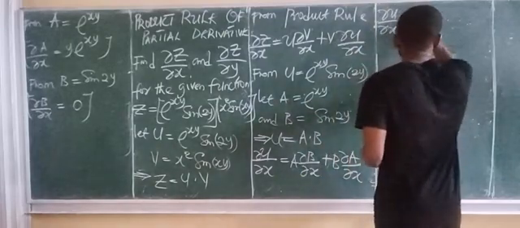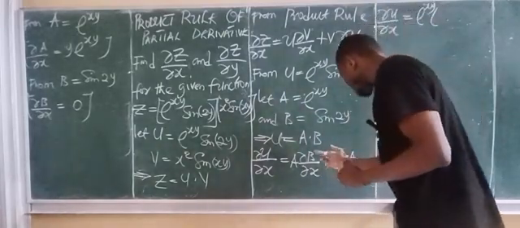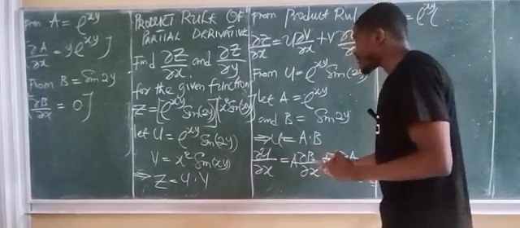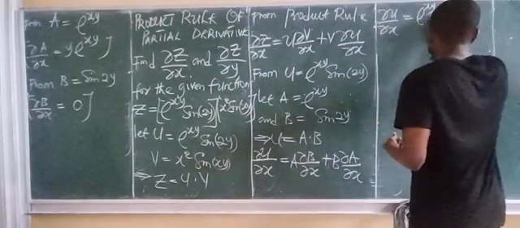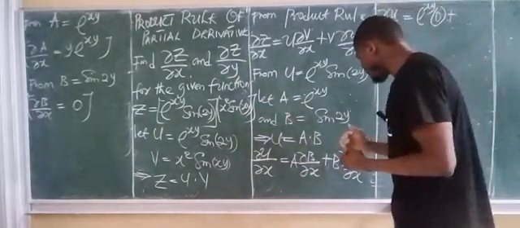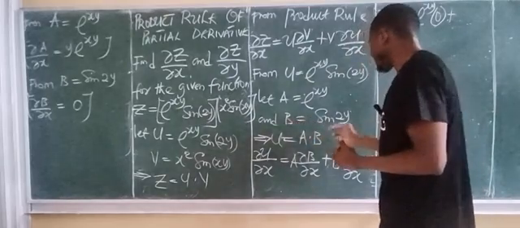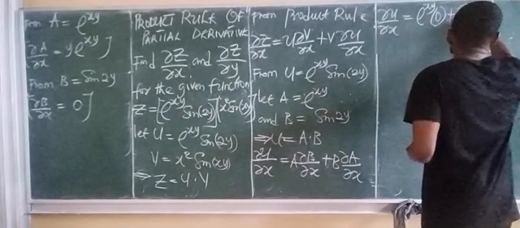So we'll bring it down, exponential xy times, now differentiate b with respect to x, and partial derivative of b with respect to x gave us simply 0. So multiply by 0. Plus next, you keep b constant, and b is simply sine 2y. So we have sine 2y.